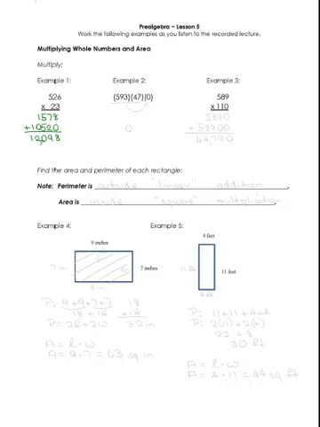For example 2, I've got some really large numbers to multiply. 593 times 47 times 0. Notice that in algebra we sometimes use parentheses to tell us to multiply. When there's nothing else between the numbers, that means the parentheses are there to tell us to multiply. Well, I could start by saying 593 times 47, but that's a huge number, and I'm going to turn around and multiply the product of those two times 0.